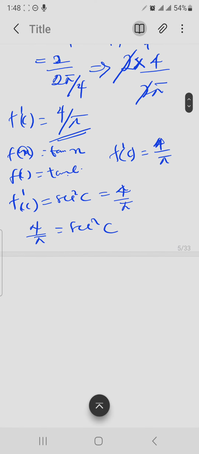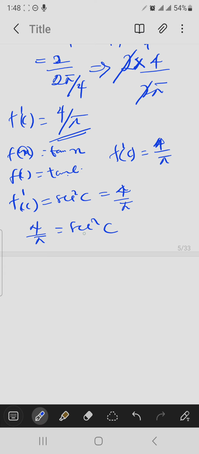Now we want to calculate C. We want to find the value of C, the angle. One of those things that is disturbing C here is sec and square. So the first thing you are going to do is square root both sides. So this one will take square root both sides.